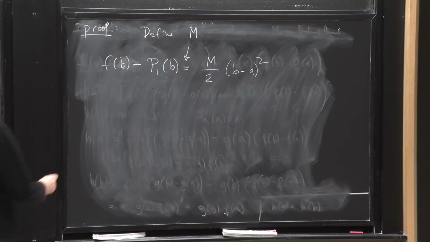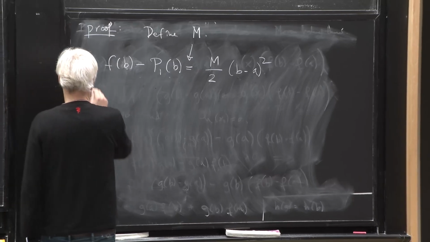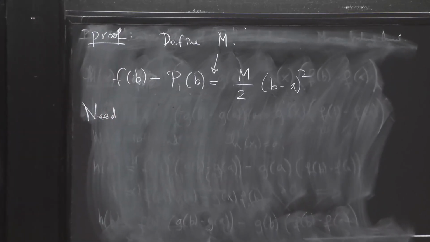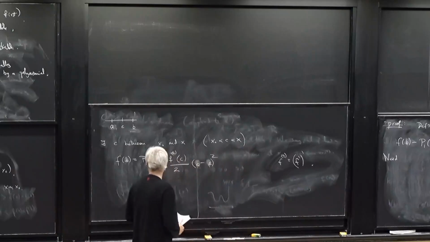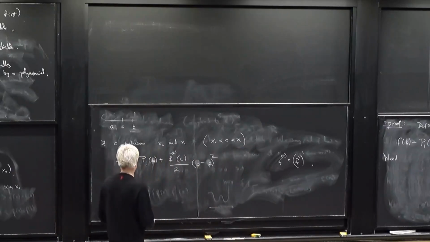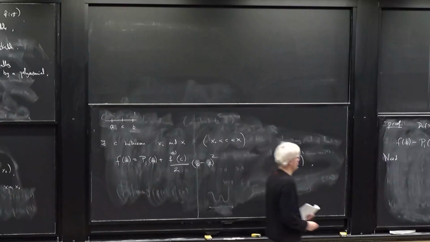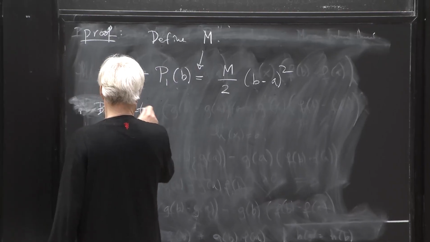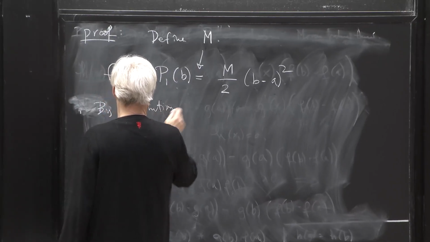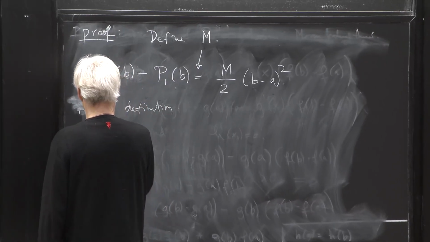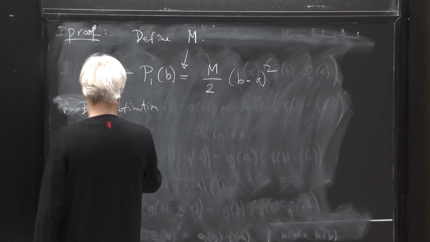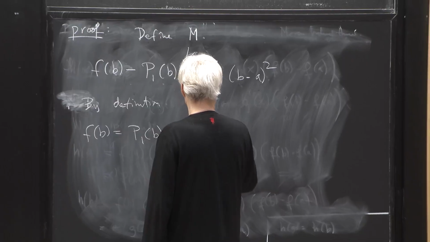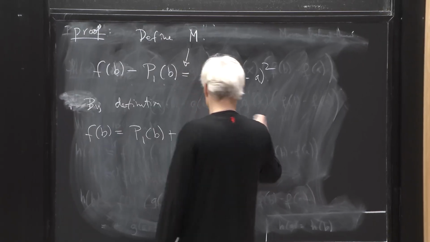But now we need to show, by definition, that f of b is equal to p1 of b plus M over 2 times b minus a squared.